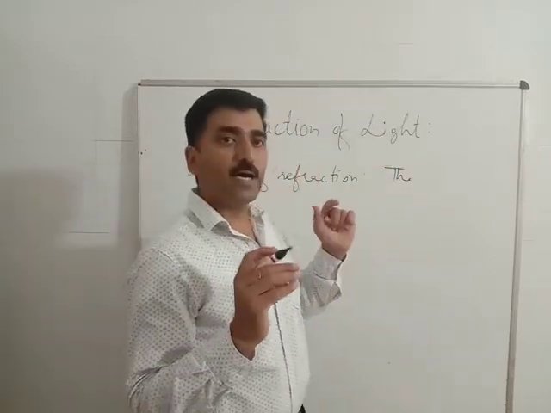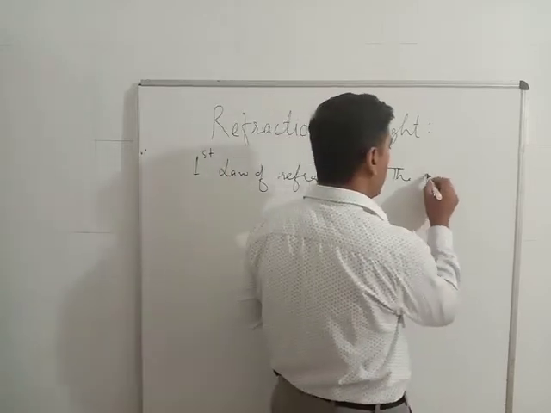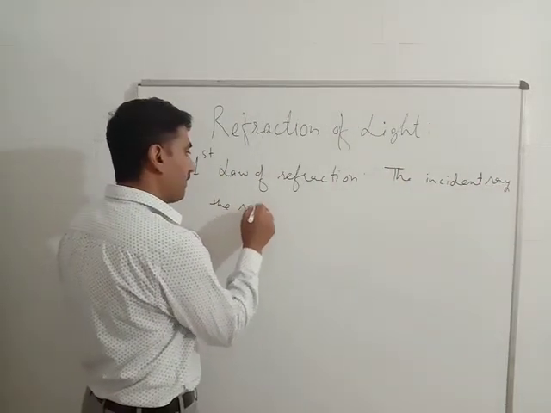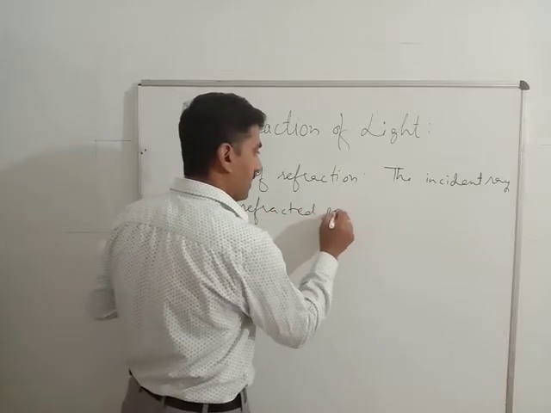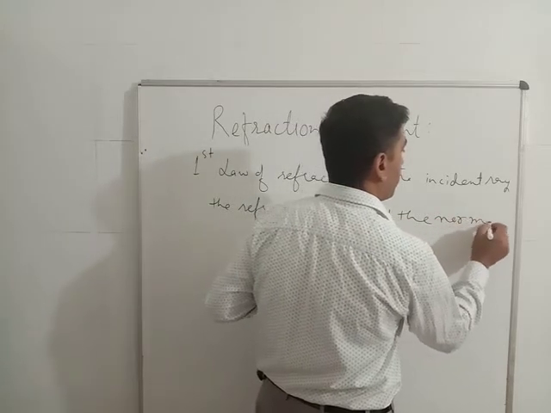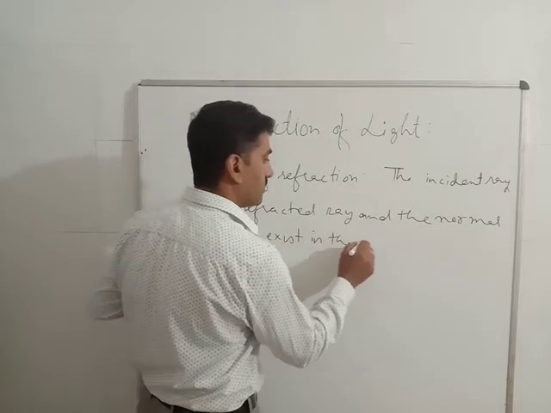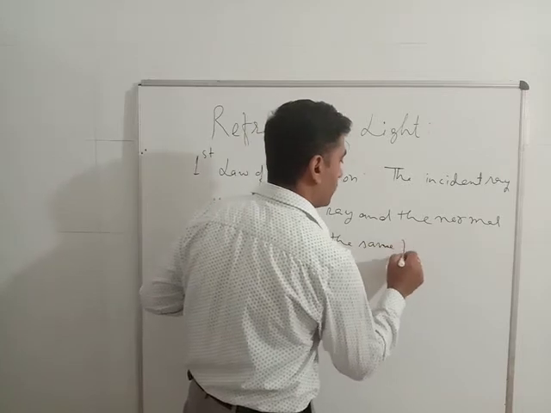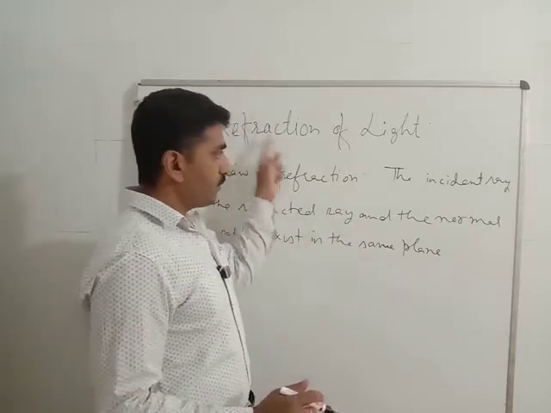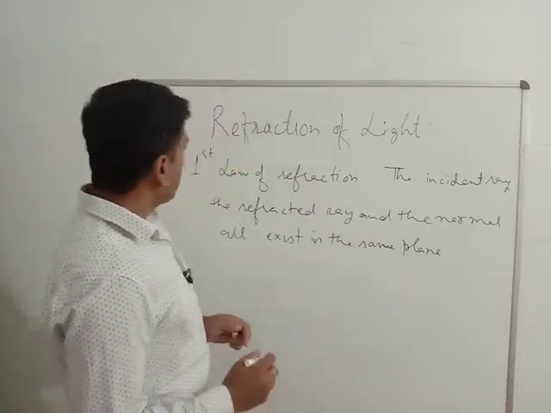The incident ray, the refracted ray and the normal all exist in the same plane. Same plane means if the ray of light is coming in the plane of the board, it will bend in the same plane. It will not come out of the plane. So this is first law.